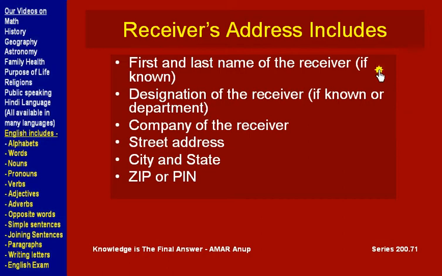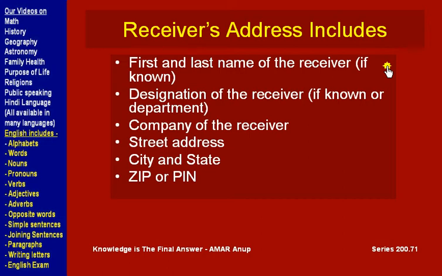You write the receiver's first and last name if you know that information. When you are writing to a company, many a times you do not know the name of the person that you are writing to. So if you do not know the name of the person you are writing to, omit this line, delete it, don't use it. Start with the second line.